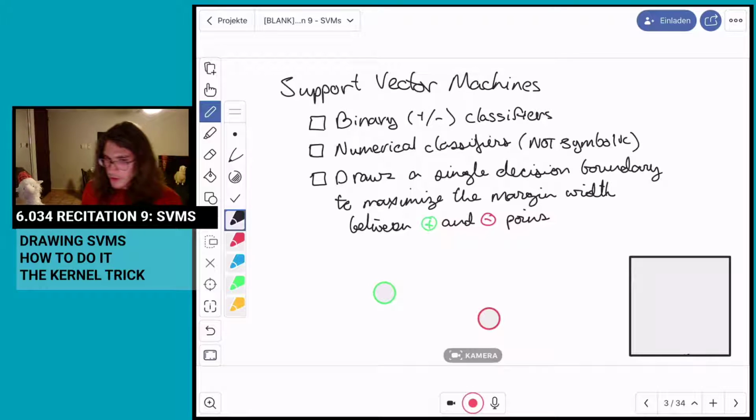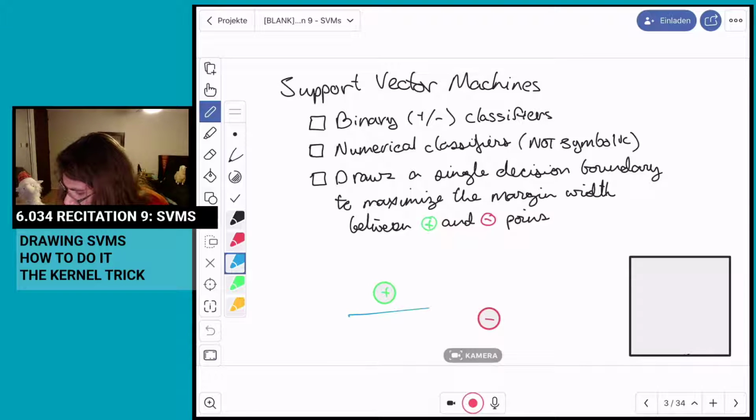And intuitively, this is how it will look. So I have a positive point right here and a negative point right here. And I have this decision boundary.